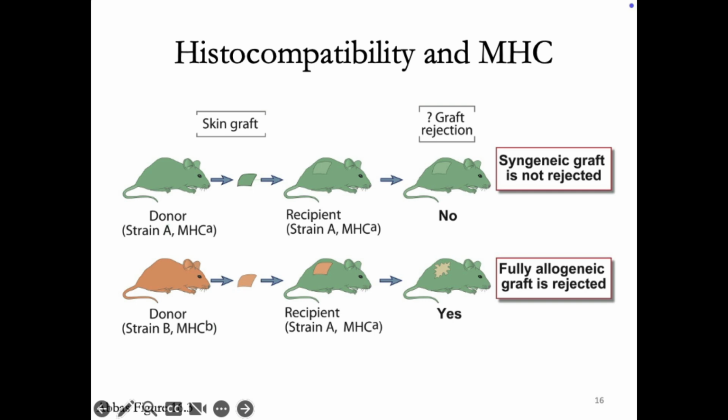And you've actually seen pretty much these same experiments earlier in the semester, where these experimenters saw that if they took skin from a mouse of one strain, strain A, it's green, and gave that green skin to another strain A mouse, also green, then the graft was not rejected. You can see that is listed as a syngeneic graft.